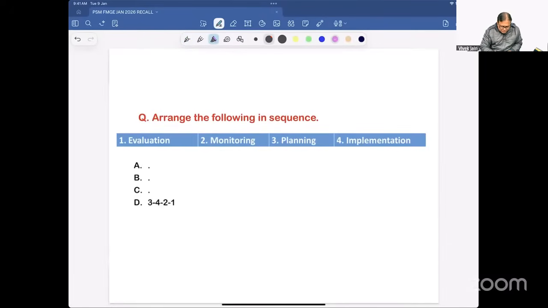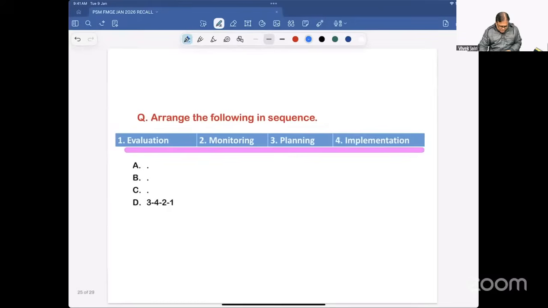Please, friends, confirm. Four things I was told were given in the boxes: evaluation, monitoring, planning, implementation. And we were asked to arrange them in sequence.